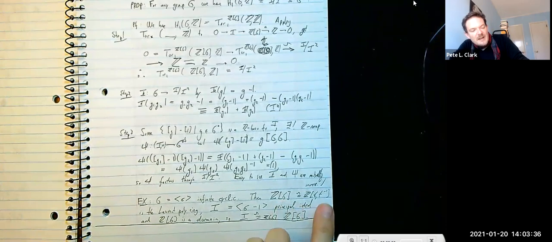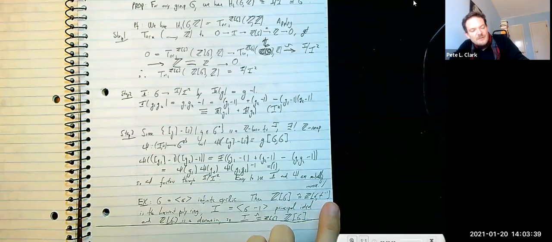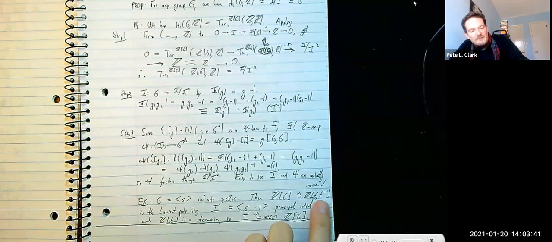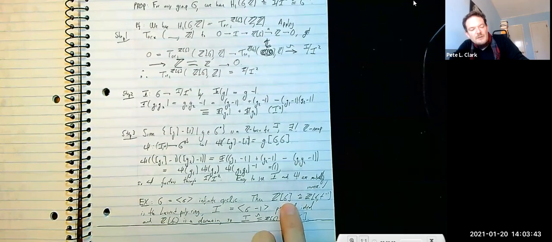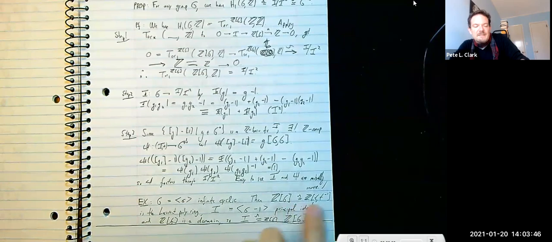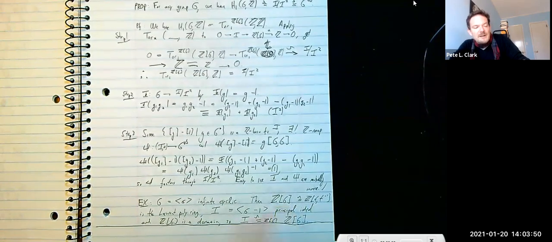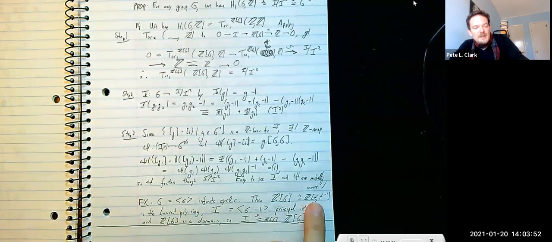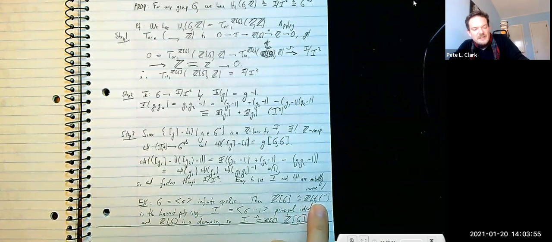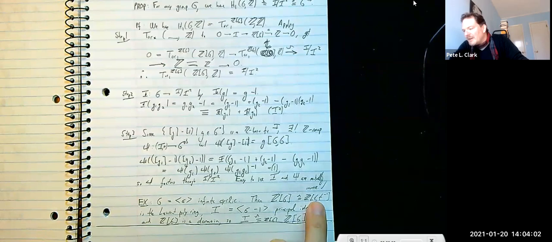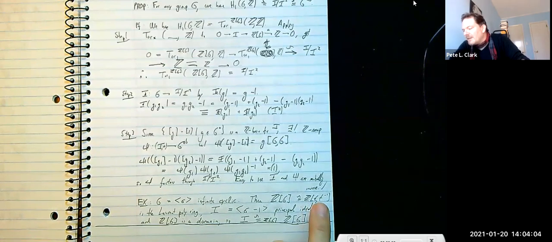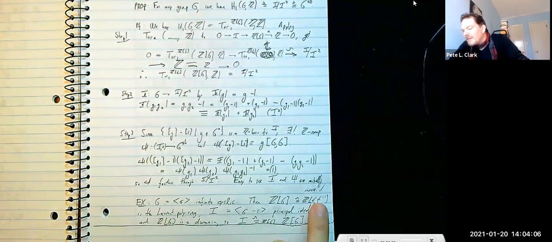Instead of the ordinary polynomial ring, now instead of just non-negative powers of T, we also have negative powers of T. This is definitely an exercise in my commutative algebra notes: the group ring for an infinite cyclic group is naturally, canonically isomorphic to the Laurent polynomial ring, or if you like, the localization of the polynomial ring. You just invert T.